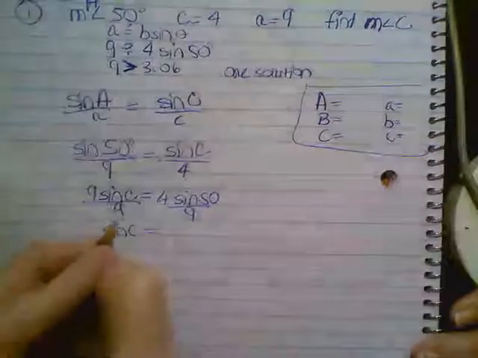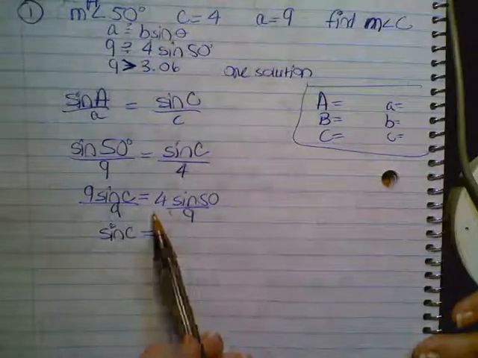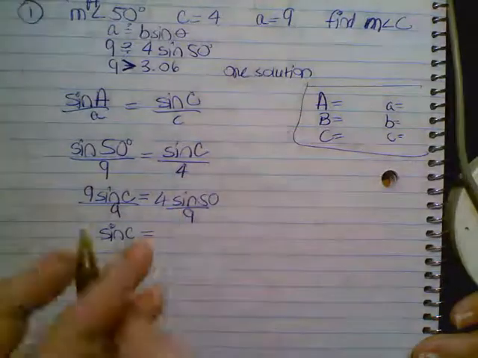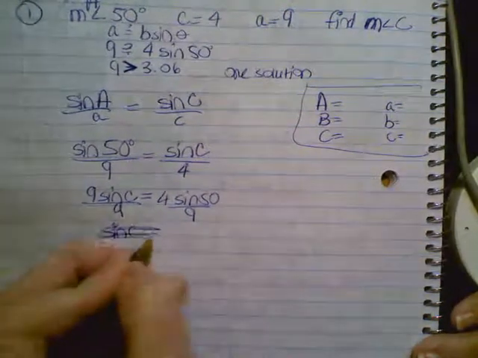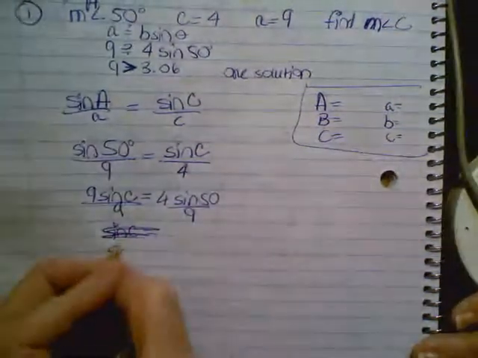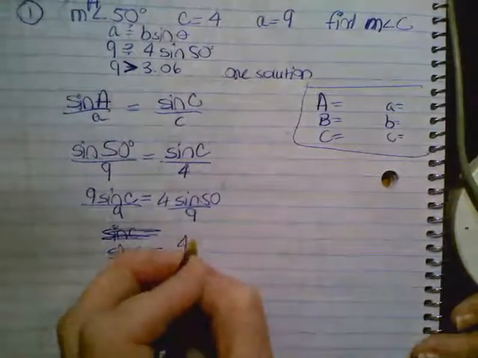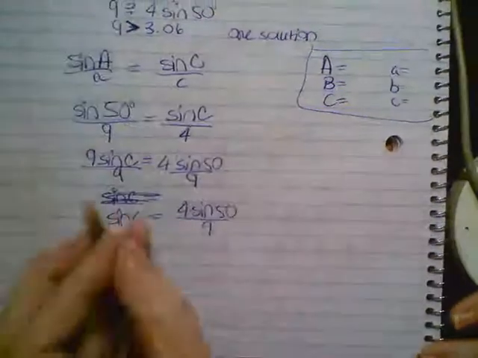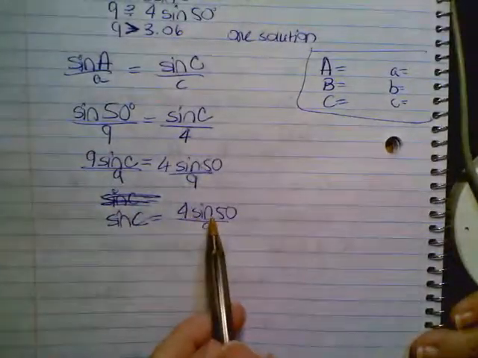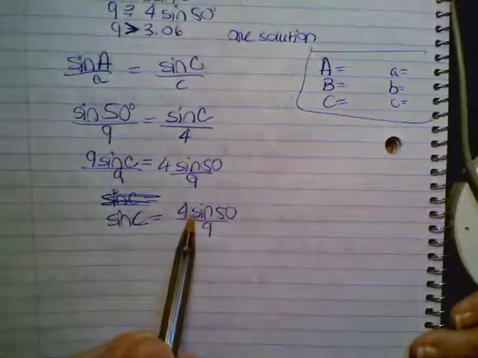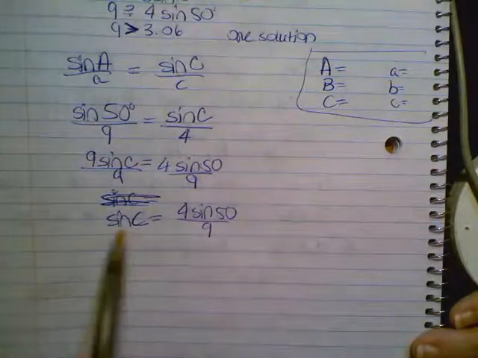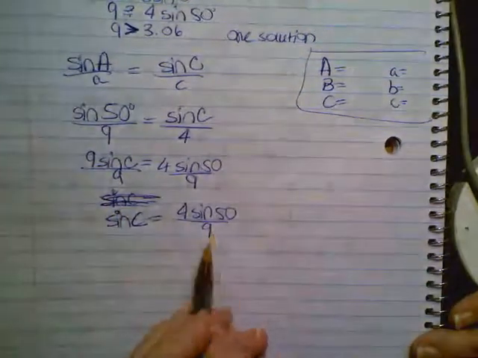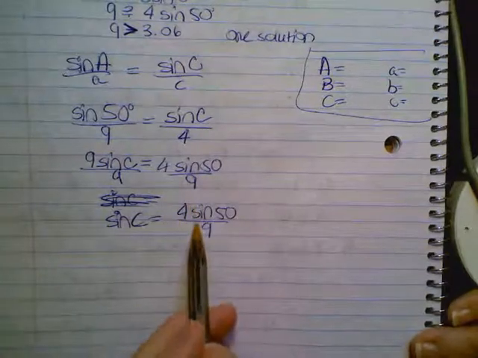Now, this is something that you have to be careful for. Sine of C is equal to 4 sine of 50 divided by 9. If you plug this into the calculator and hit enter and you're trying to work backwards from there, you may get an error. So you may want to simplify this into actual numbers.